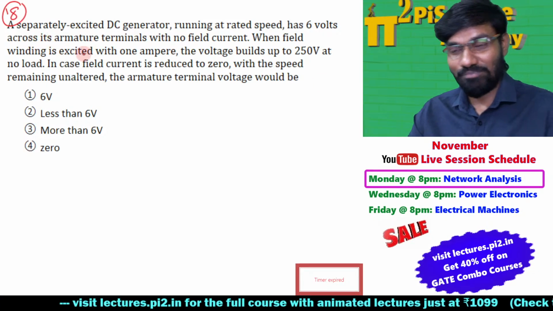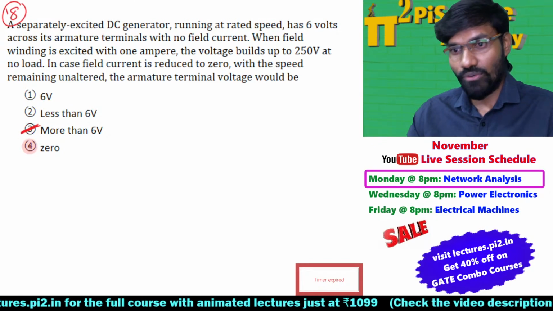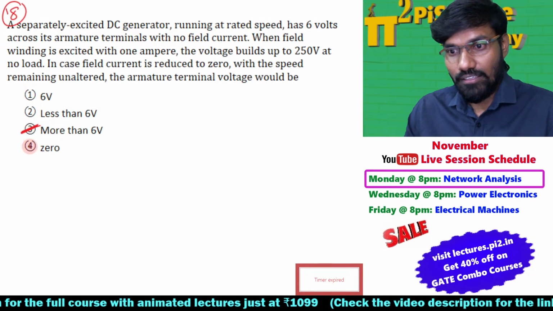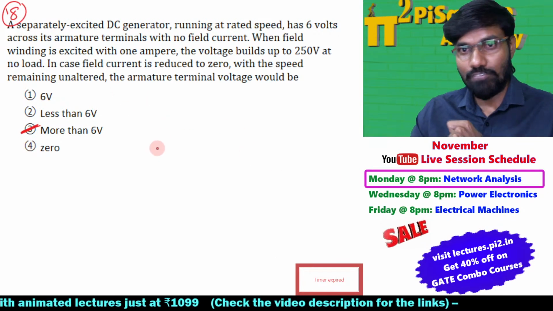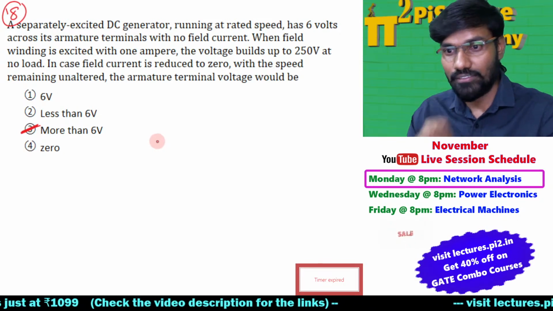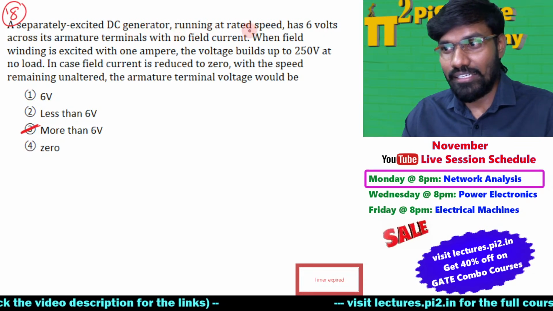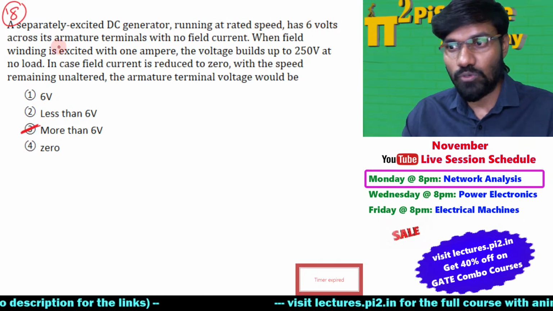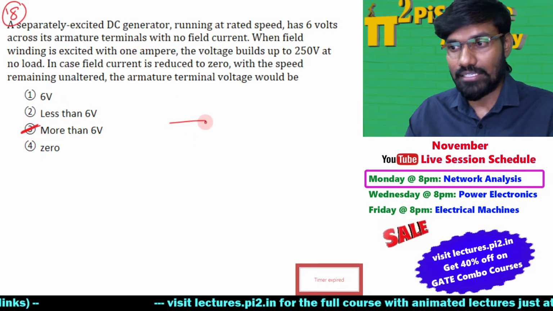People are giving. Yes. Answer is 3. See, careful here. Interesting aspect. Analytical question. You need to analyze a bit. A separately excited DC generator running at a rated speed has 6 volts across its armature terminals. A separately excited generator.